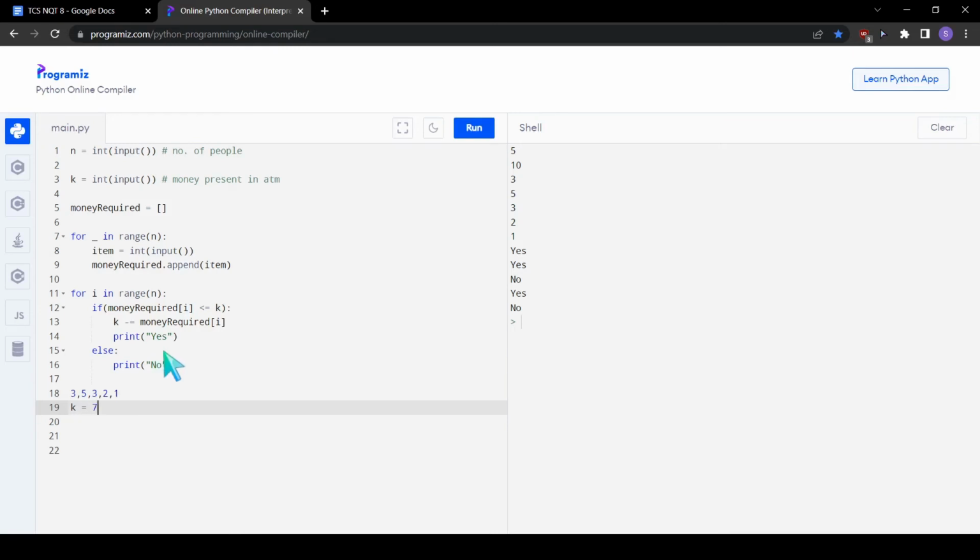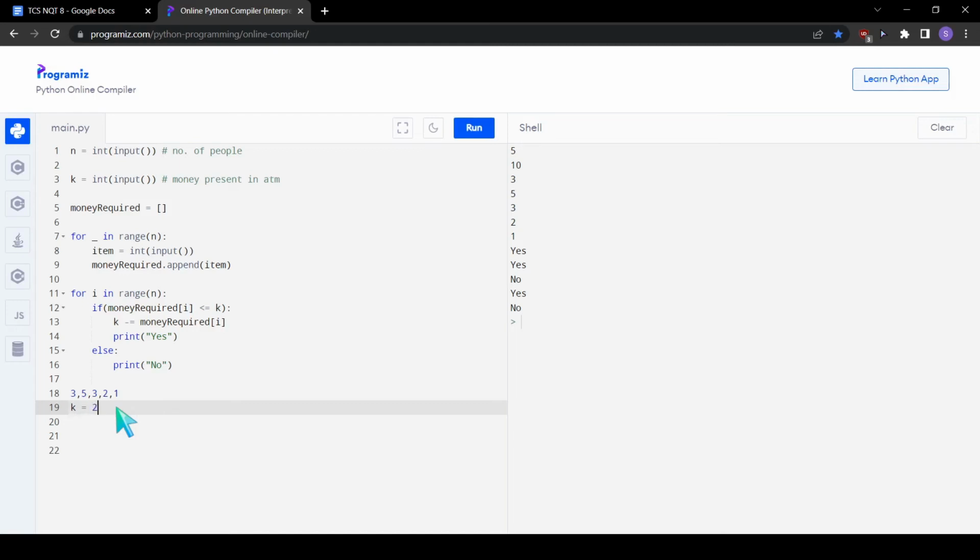Okay, so is 5 less than or equal to 7? Yes, it is. So we will print yes again, and we will subtract the value of money required of i from k, because this second person came in and withdrew 5 units of money. So now we have 7 minus 5, that is 2.